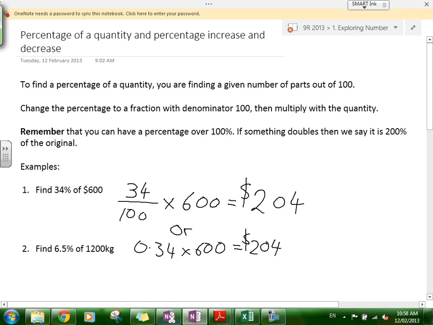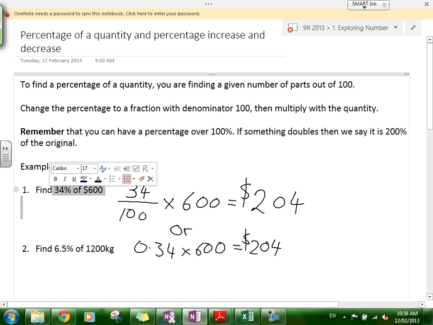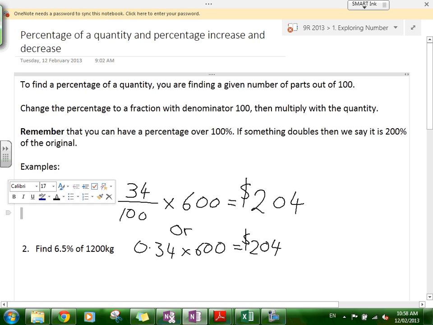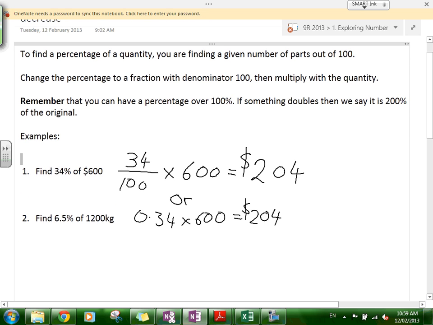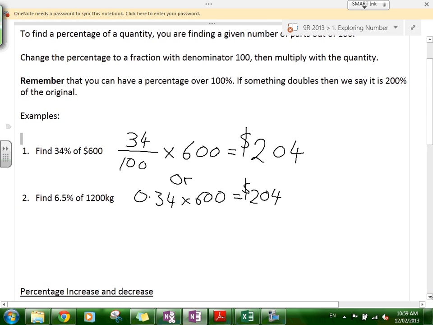So you just put it over 100, multiply it. Yeah, it's 34% of the quantity we're trying to find, so you put it over 100. 6.5% of 1,200 kilograms. Again, same thing.